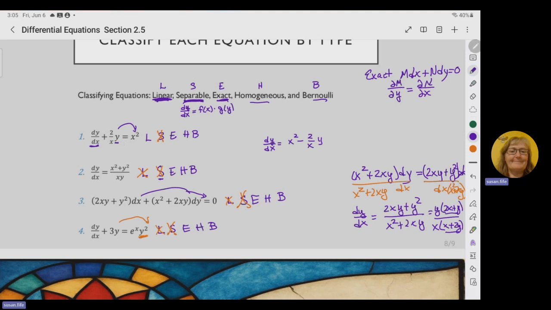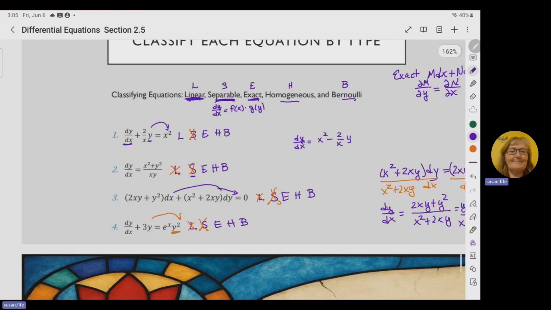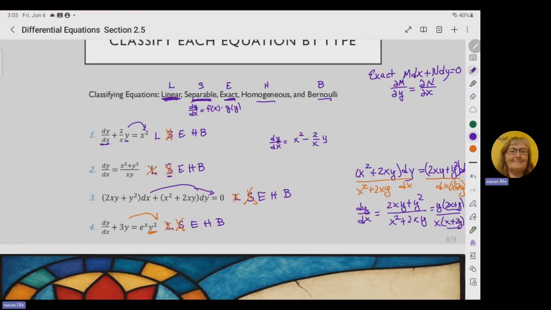So if I write this first equation in terms of differentials by multiplying by dx, then I would have dy. I'm going to move that 2 over x.